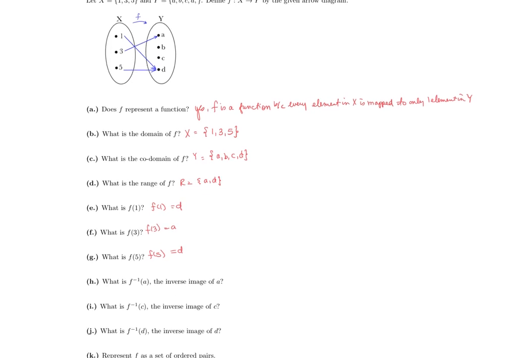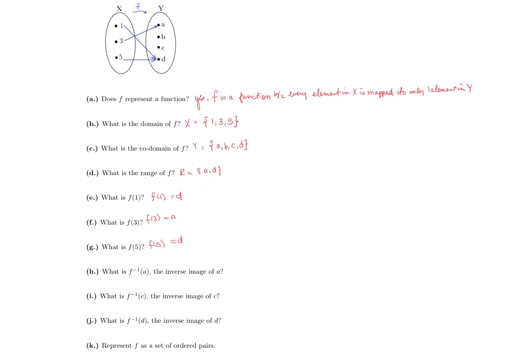If we want to start talking inverse images, then the inverse image of A is only mapped to by 3. So it's just the set with the element 3 in it.